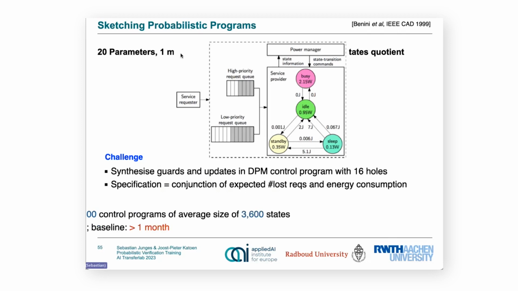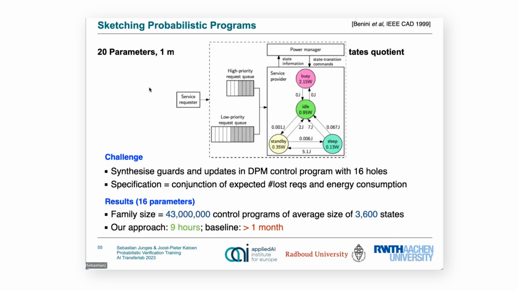We still have the same specification as before. And so indeed, there are 43 million programs that we're considering. And within 9 hours, we find the optimal instantiation of these parameters. The baseline methods that would go over all these things would take, even with Storm, more than a month to compute this value.